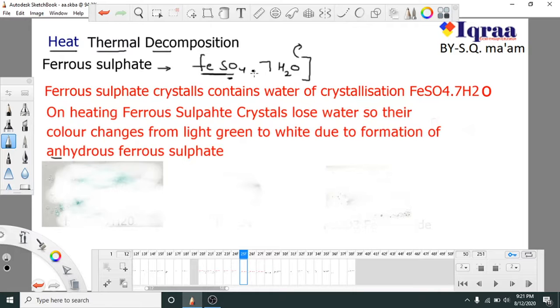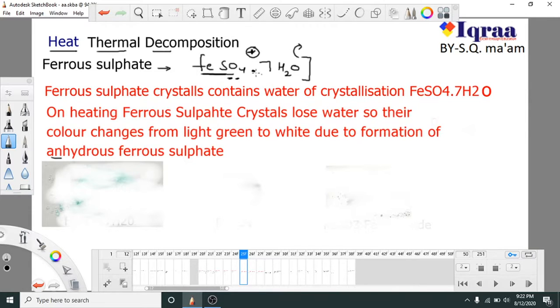This water is bound. I'm not writing a plus between them, because the water is actually with FeSO4. It is not going to form any reactant or product, they are not isolated. They are not going to react with each other, they have already reacted.